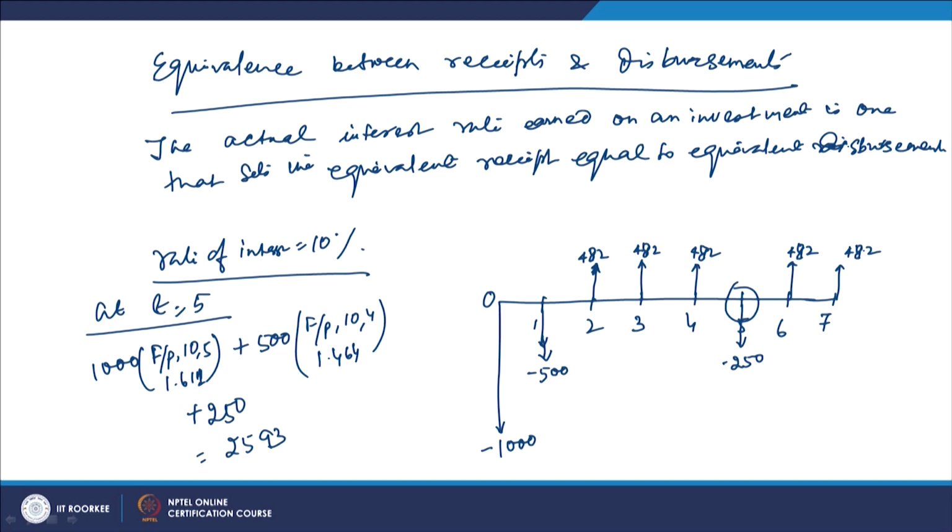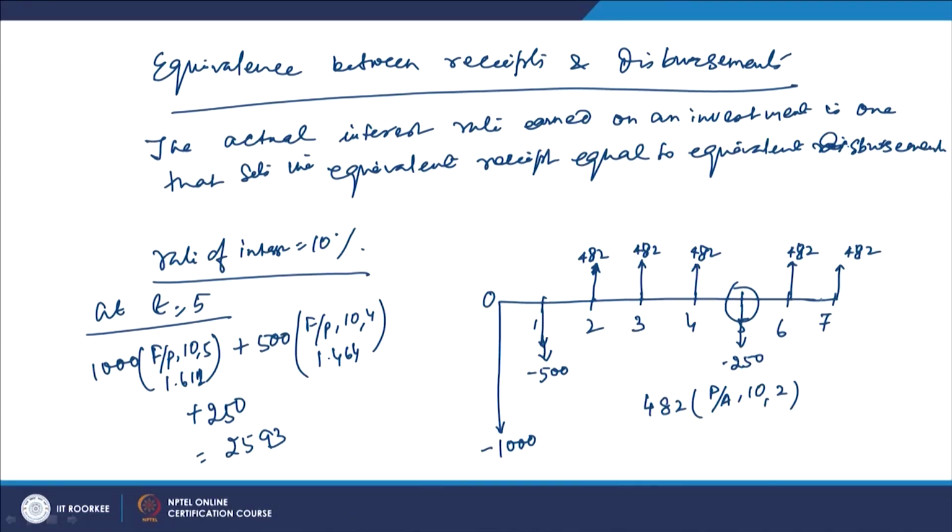So for this 482 it's P by A and 2 time periods, so it will be defined directly here. So this 482 will be multiplied with P by A, rate of interest 10 and 2. So this will be directly defined at this point, because the P by A factor defines the present value one time period previous. So if you take these two P by A values, it will be giving you the value here.